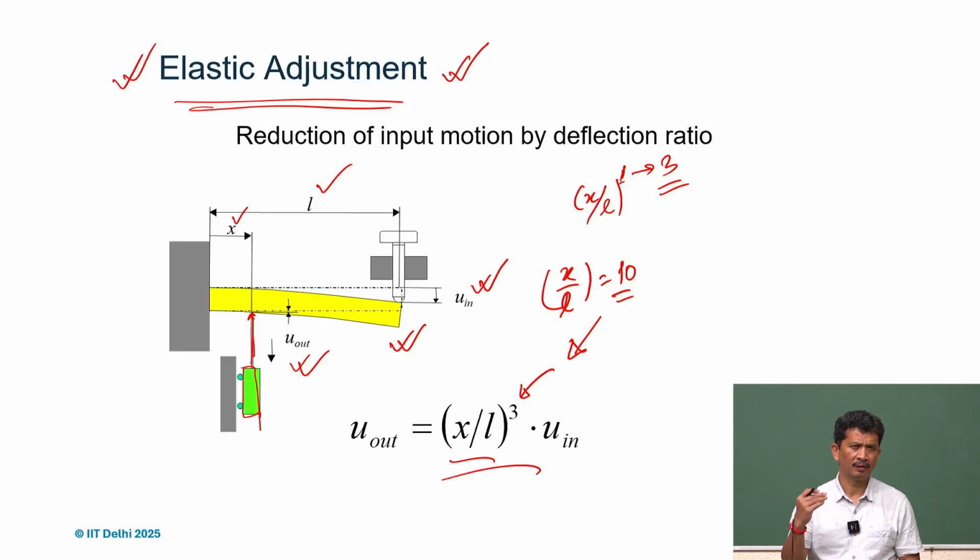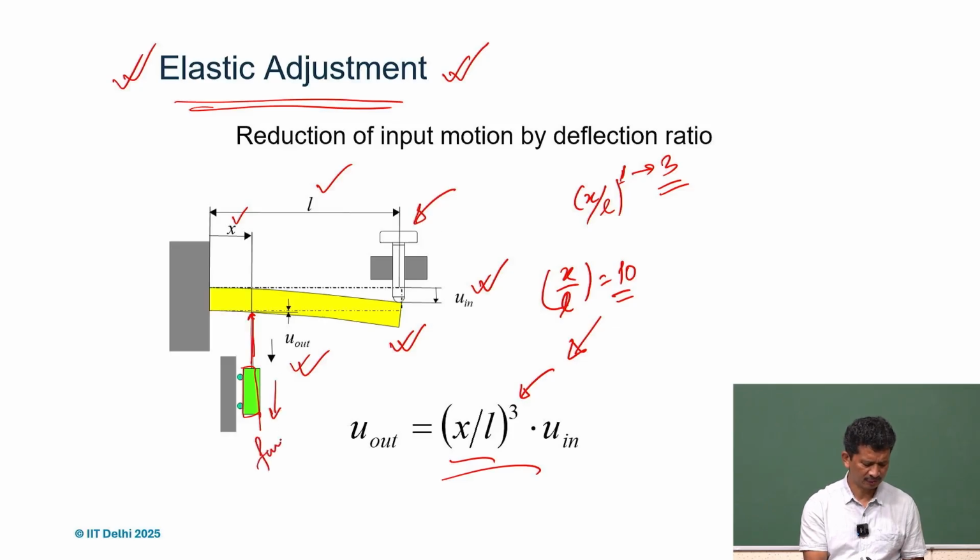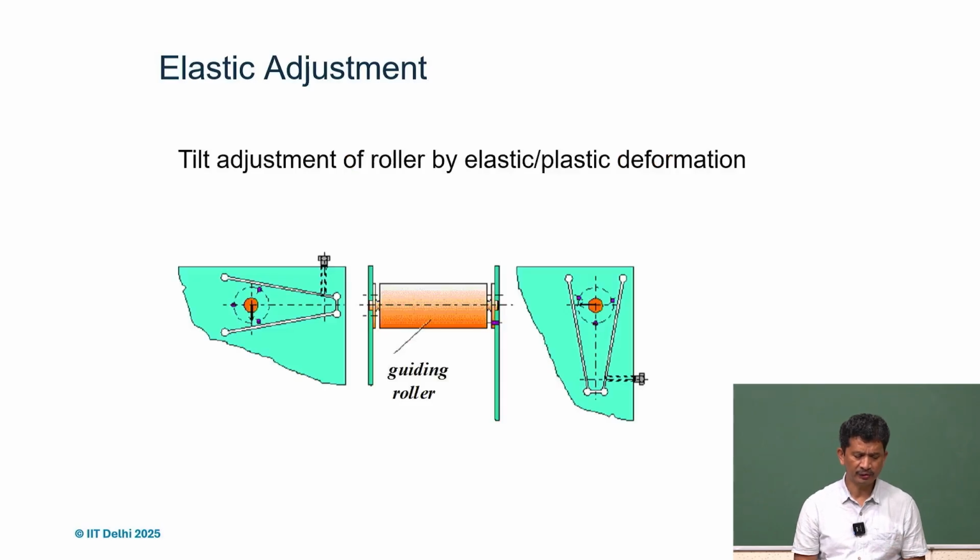We can have the coarser adjustment here, but we get a very fine adjustment because of this elastic adjustment, because of this ratio and its dependency on the power 3.